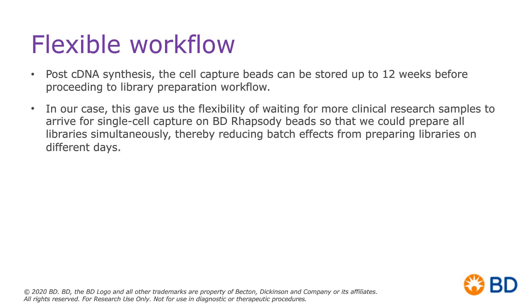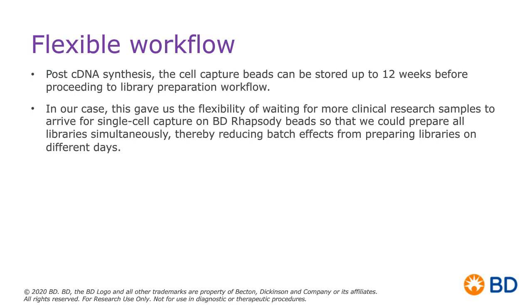Now, a couple of things I didn't focus on too much in the workflow: these types of things really allow you to plan and stage your experiments so that, for example, sequencing can be done in one run with multiple samples. It really minimizes batch effects.